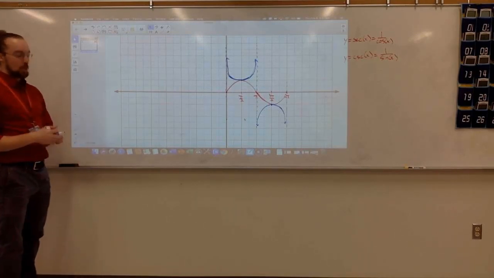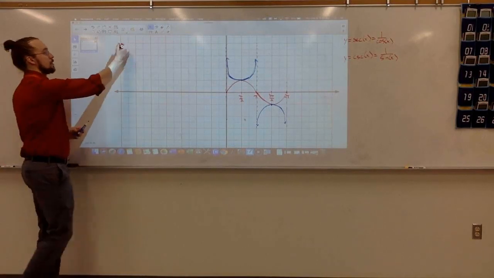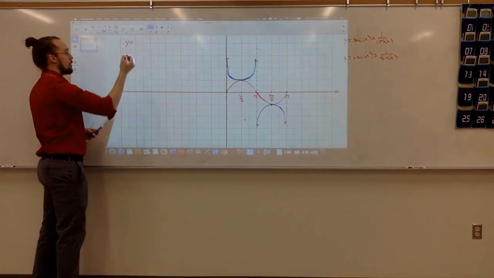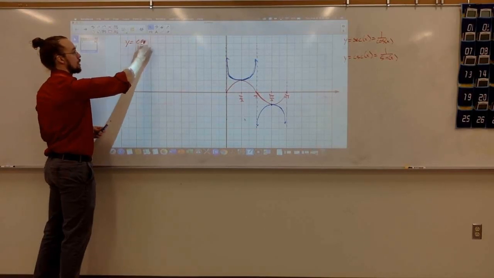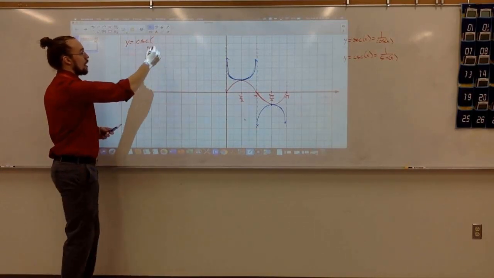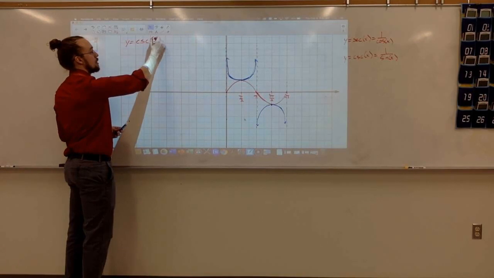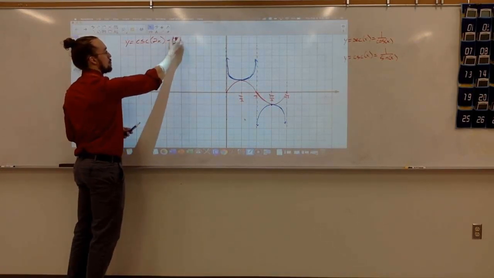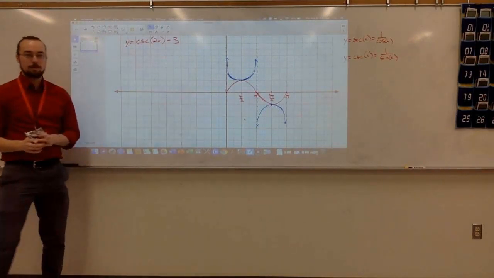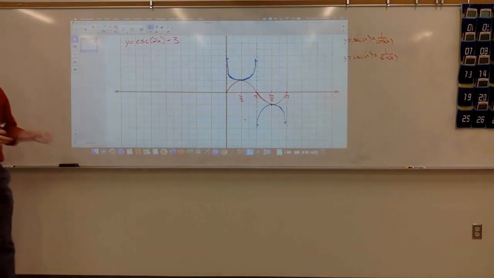Let's start with an easier one. Let's say we want to graph cosecant of 2x plus 3. Okay, something like that.